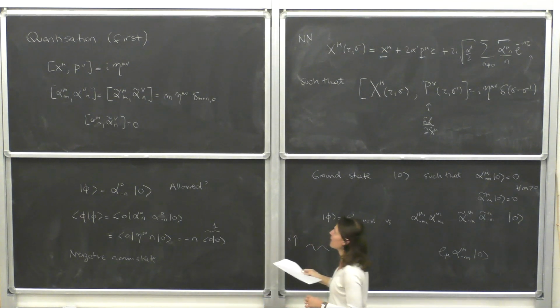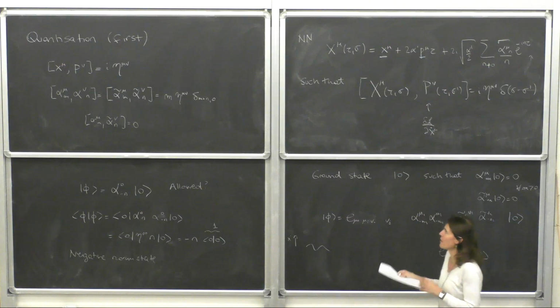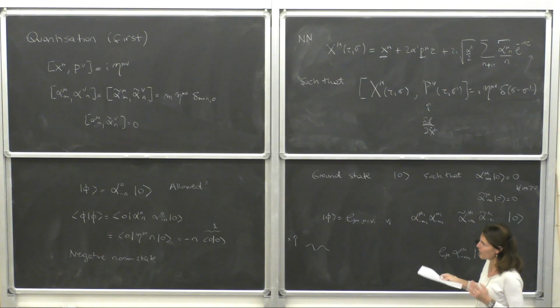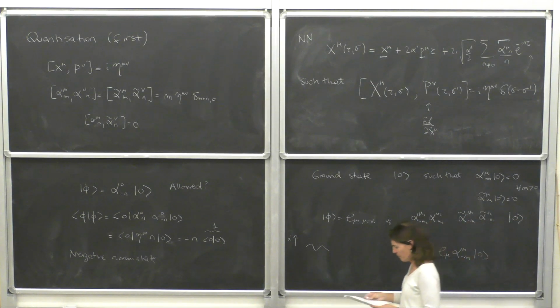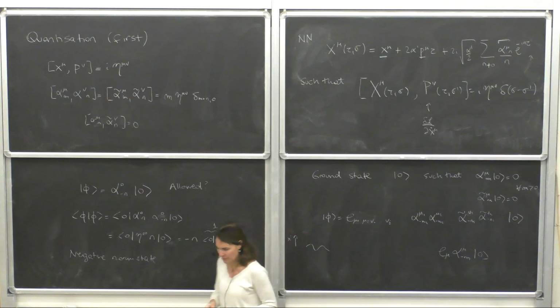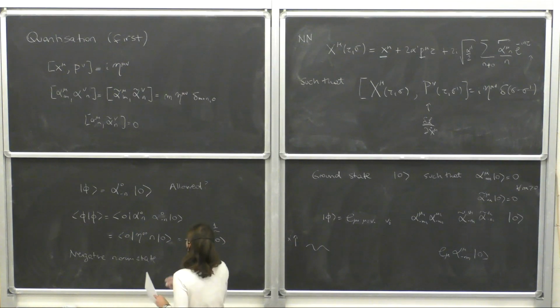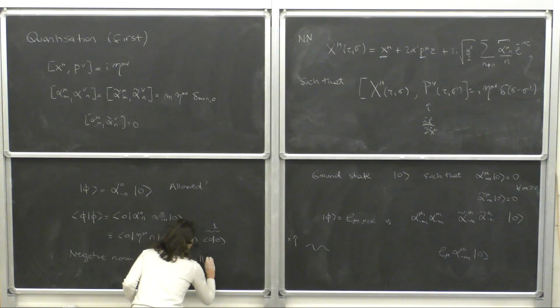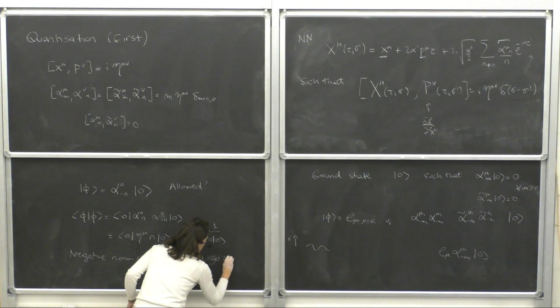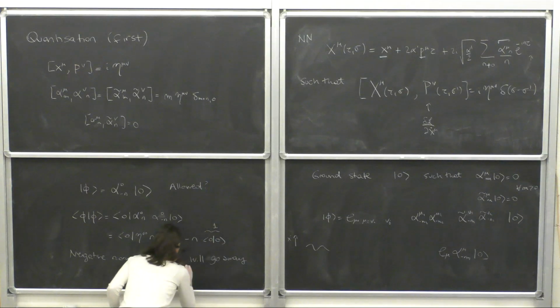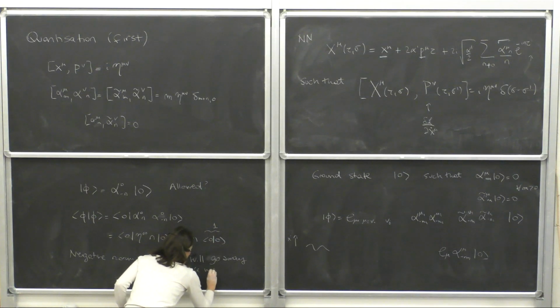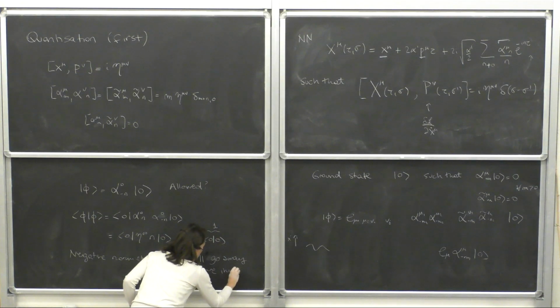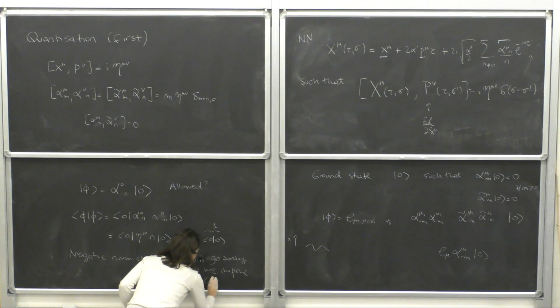We have quantized things, we have solved the equations of motion, but we forgot about the constraint. So remember there was this constraint, and this negative norm state will go away once we impose the constraints.